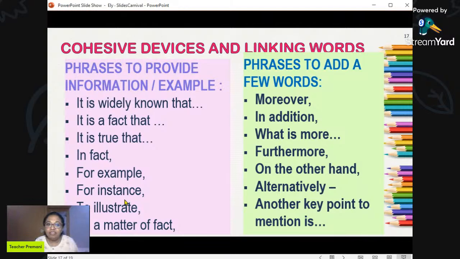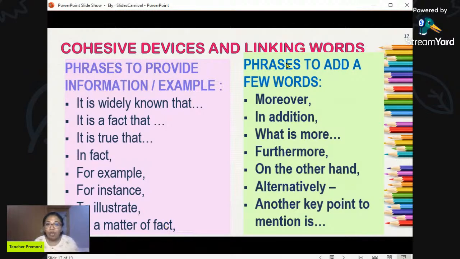This is more than listing. As a matter of fact, give the content. Okay, so these kinds of words actually help push you higher to get better marks. But make sure your sentence also, if you don't want to write bombastic sentences, go simpler with these cohesive devices.